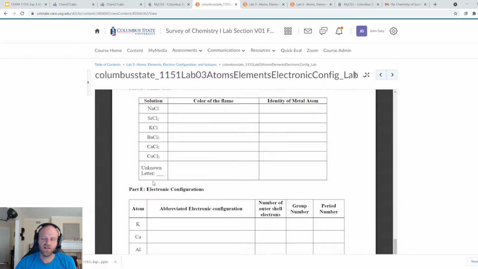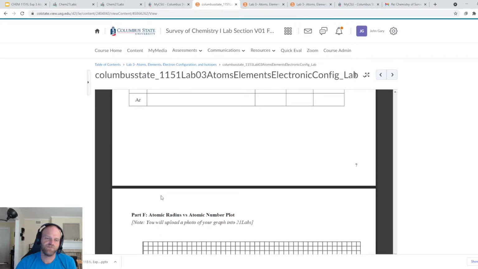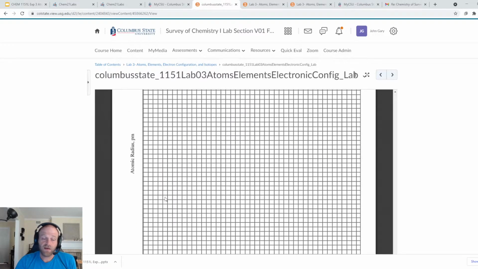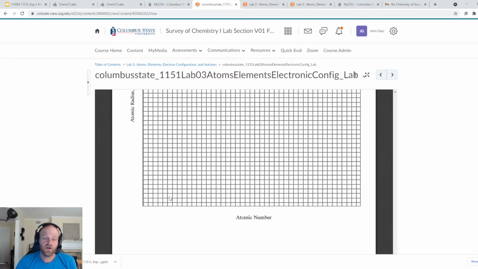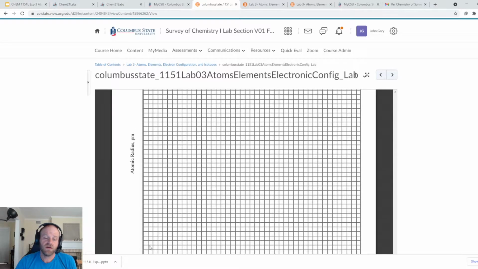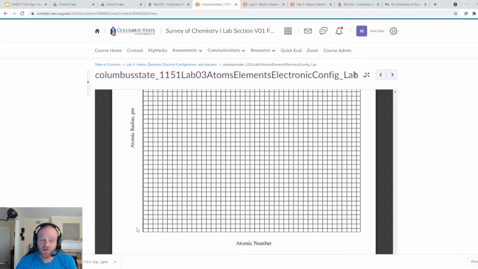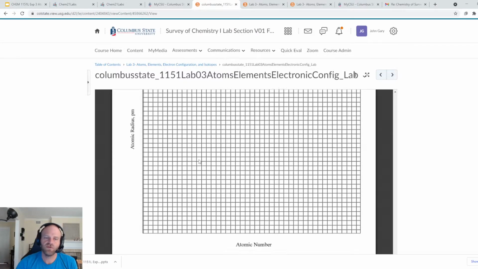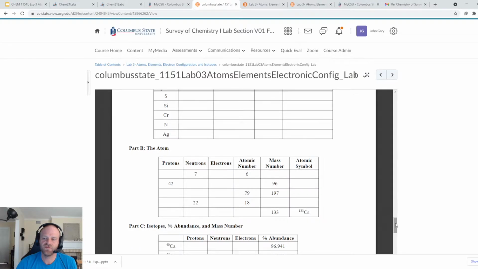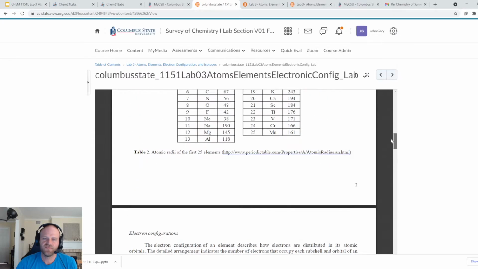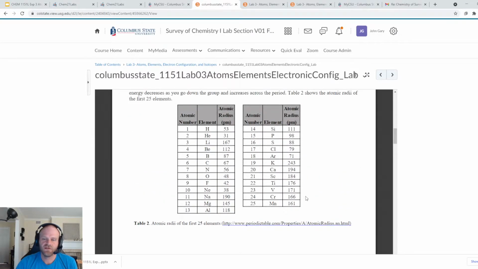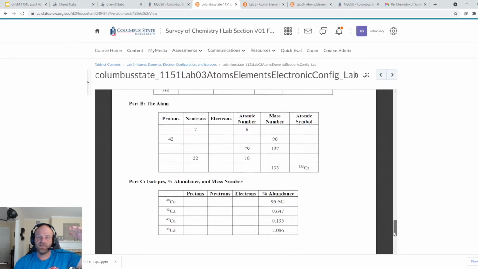So whatever your atomic radius for hydrogen or helium, whichever one's lower, you'll start with that number here on the bottom on the left side, and then whatever your biggest atomic radius was from this graph table, excuse me. So biggest atomic radius looks like it's 243. So that'll be the max on the left side of this graph.